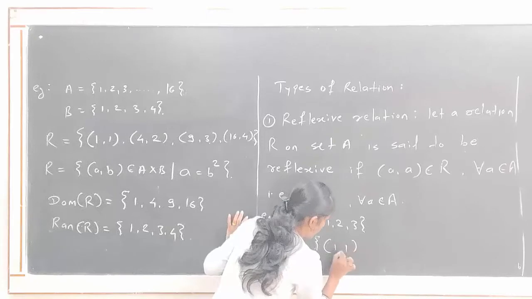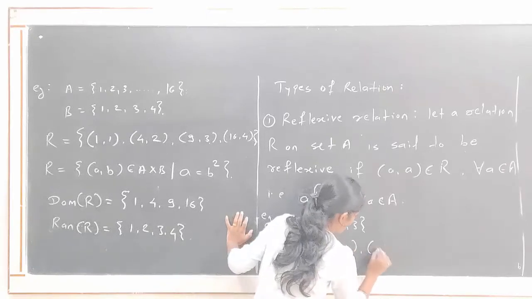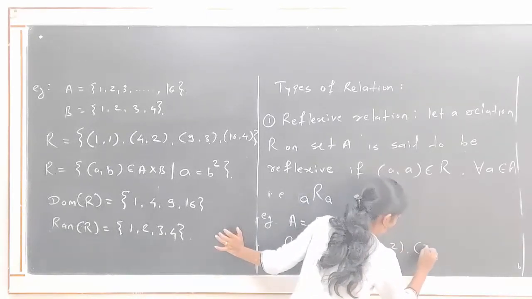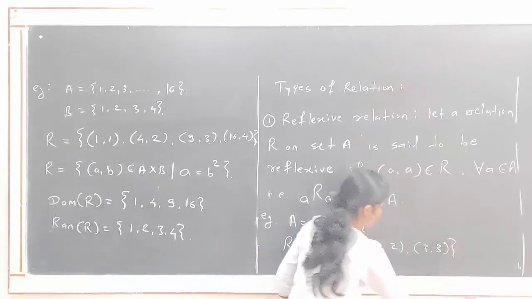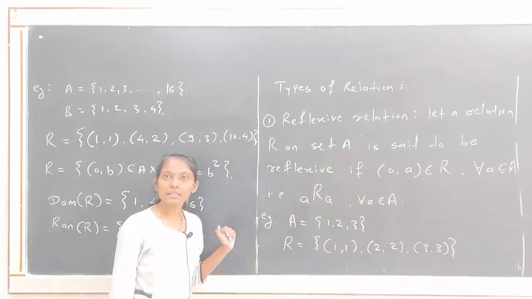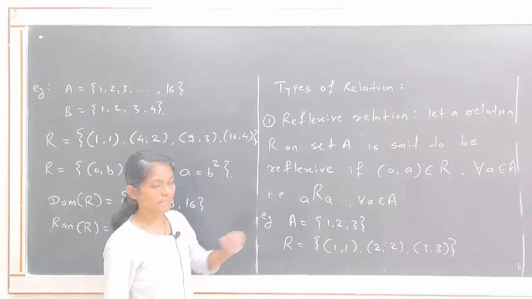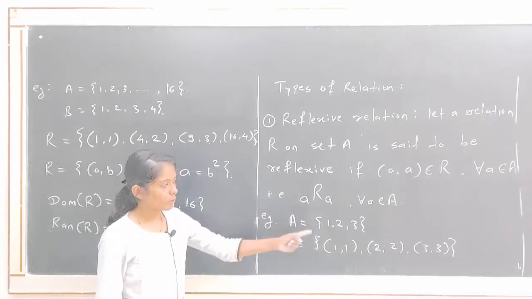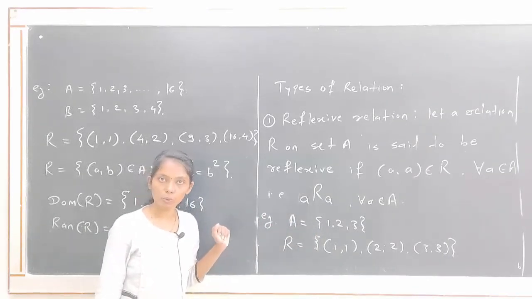So (1, 1), (2, 2) and (3, 3). This relation is called a reflexive relation on set A: 1 related to 1, 2 related to 2 and 3 related to 3.